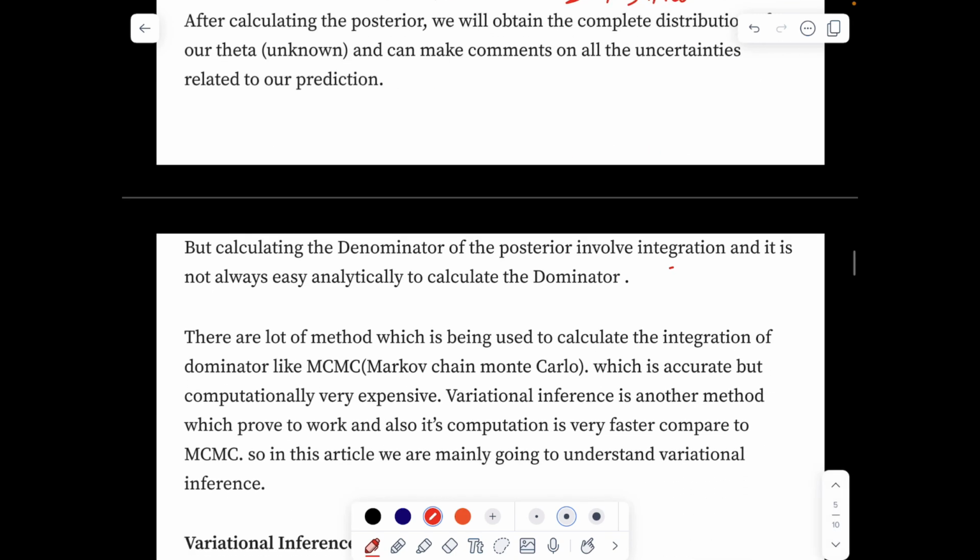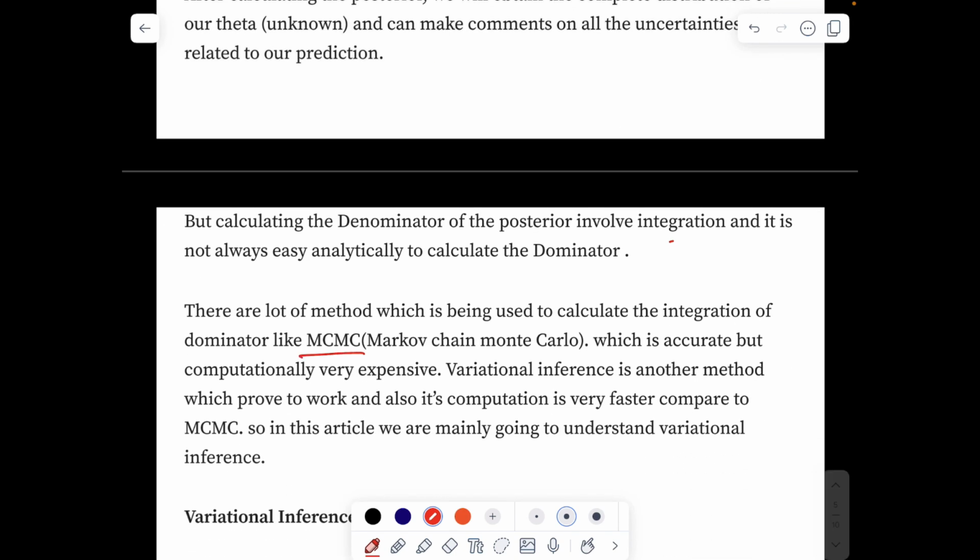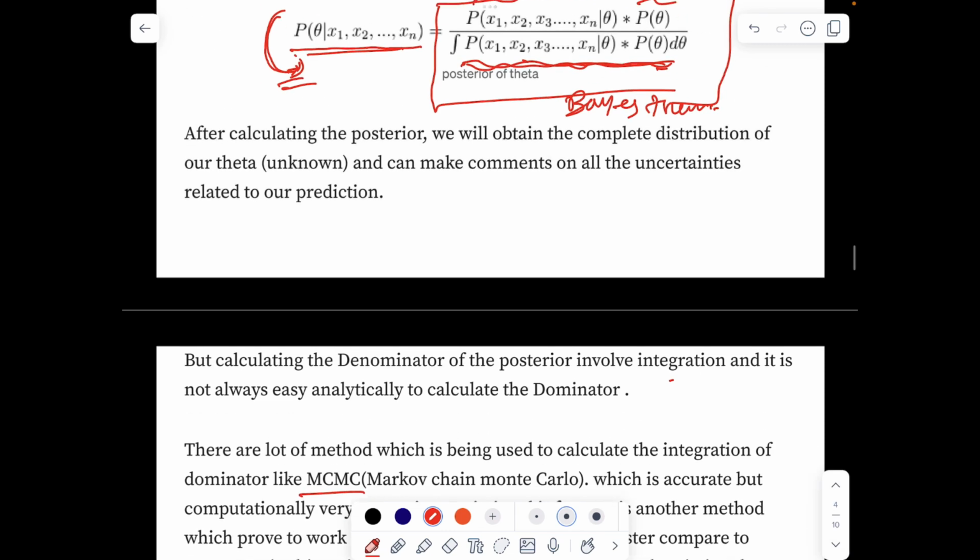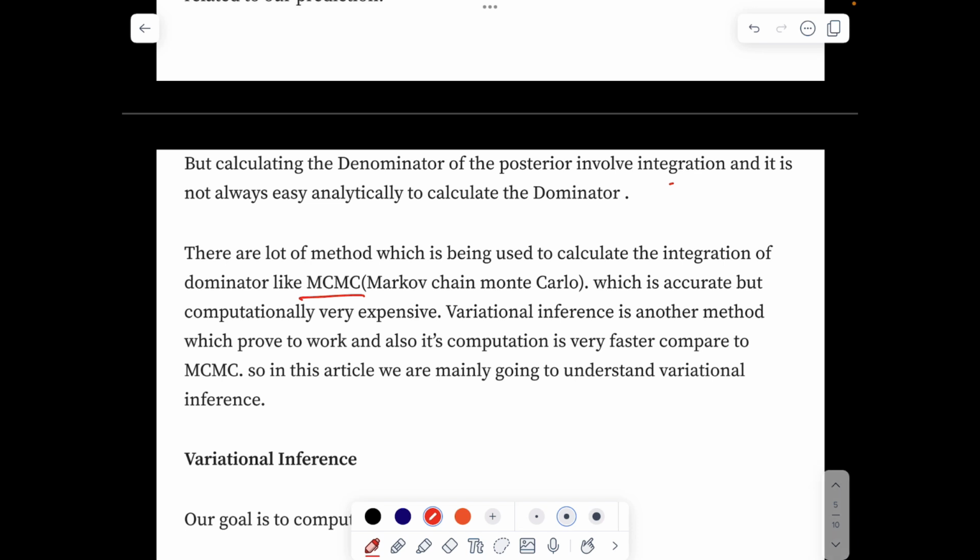There are a lot of methods used to calculate the integration in the denominator. One widely used and very accurate method is MCMC, but the challenge is that it is very computationally expensive. Sometimes it can take even one or two days to come up with a solution.